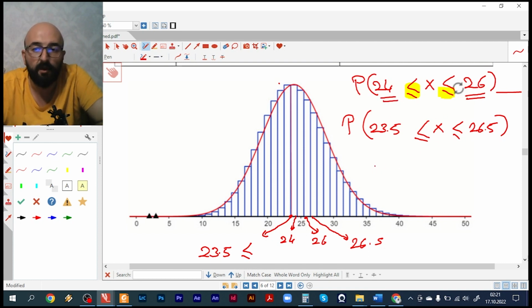Okay, and we need to convert the x value to a z value, because we will use the z table.